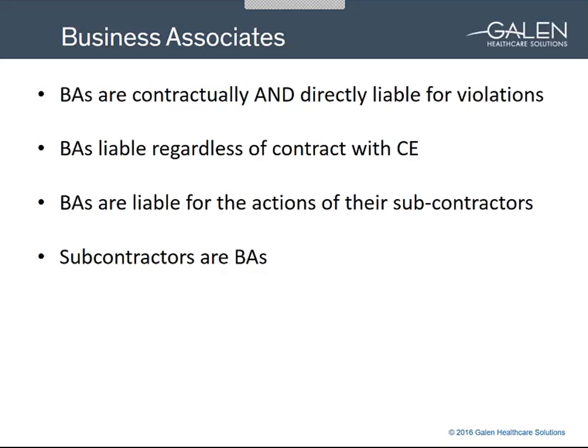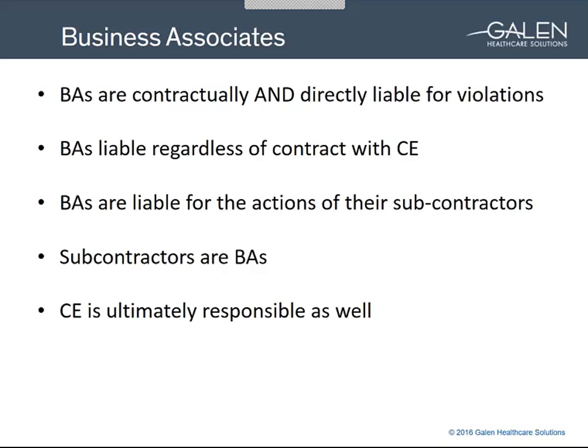They're contracted with the business associate, they're handling or exposed to protected health information, and they are liable in the same way that a business associate directly engaged with your healthcare organization would be directly liable. There used to be a distinction between business associates and subcontractors, and that distinction is no longer there.